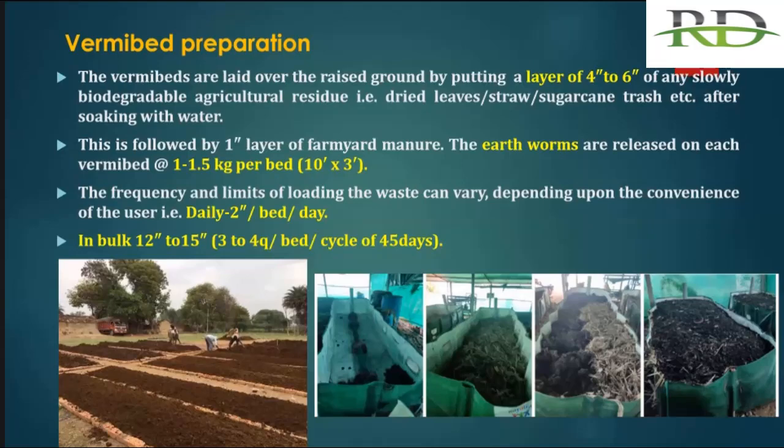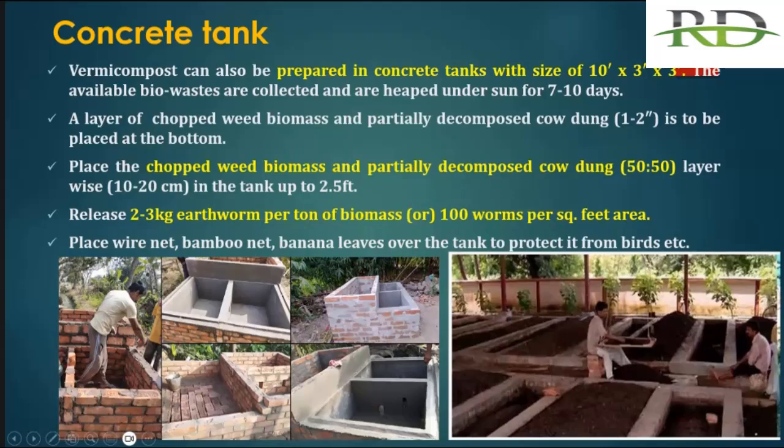Then some people are preparing in concrete tanks. The vermicompost can also be prepared in concrete tanks with a size of 10 by 3 by 3 feet. The available biowaste is collected and heaped under the sun for 7 to 10 days. A layer of chopped wheat biomass and partially decomposed cow dung, 1 to 2 feet, we have to add at the bottom.